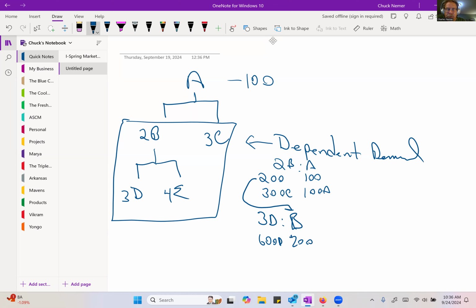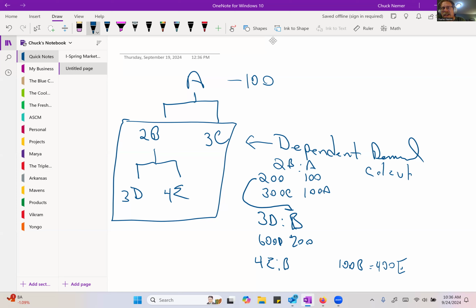And for E's, if it's four E's for every B, then if I want 100 B's, I'm going to need 400 E's. So dependent demand comes through the bill of material, through the manufacturing process.